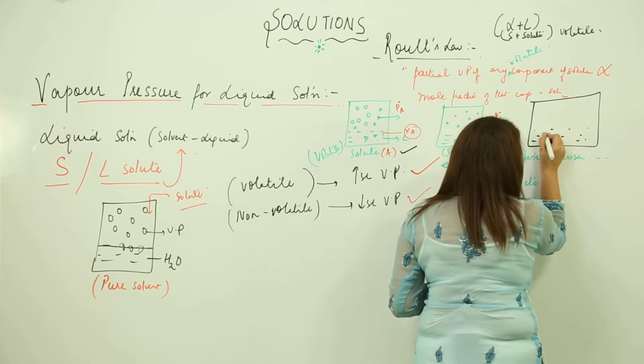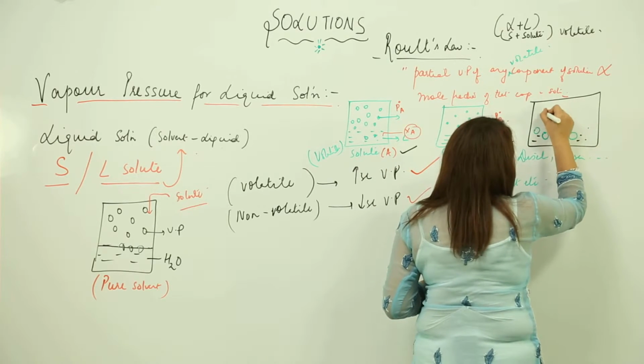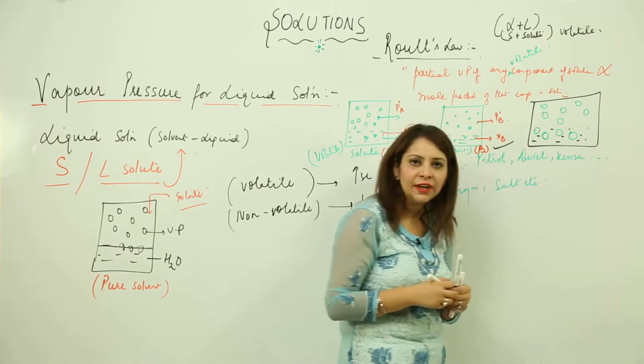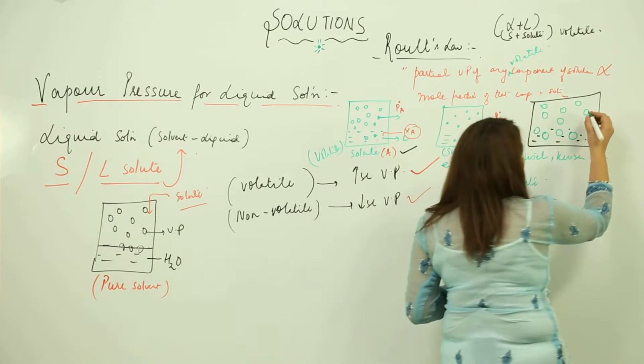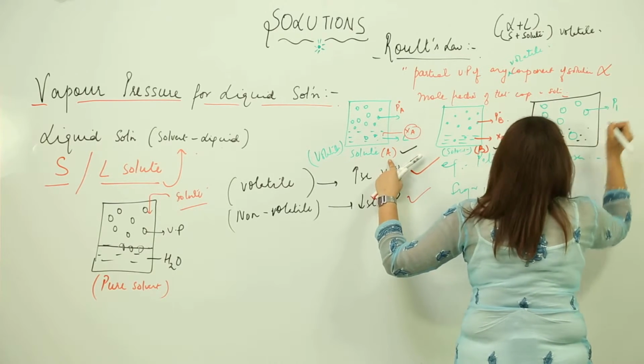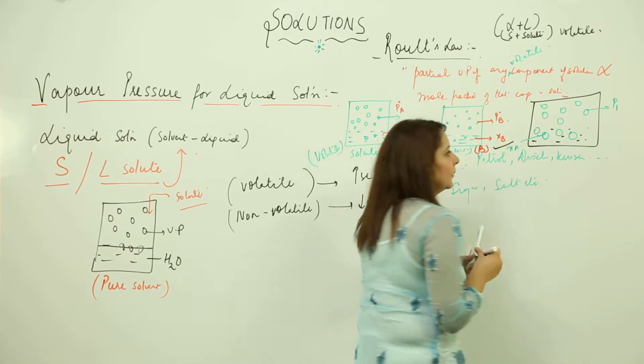We'll get the solvent and the solute particles, and as they are volatile, they will also occupy some area above. Let the pressure due to the solute be P1, and its mole fraction is XA.